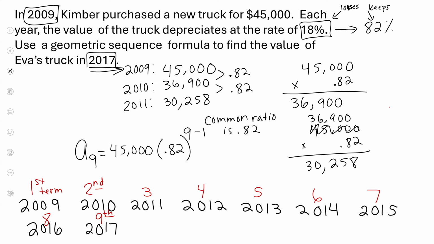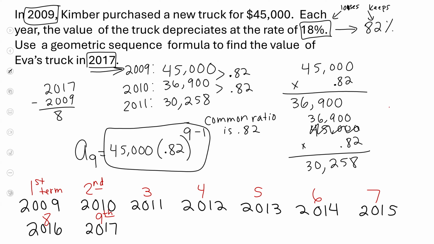Yes, it is true that 2017 minus 2009 is 8. And you would think, oh, 8 years has passed, so I'm going to put an 8 in here. No, you have to count them as each term. So this is what you're going to put into your calculator. You can simplify this 9 minus 1 into an 8.